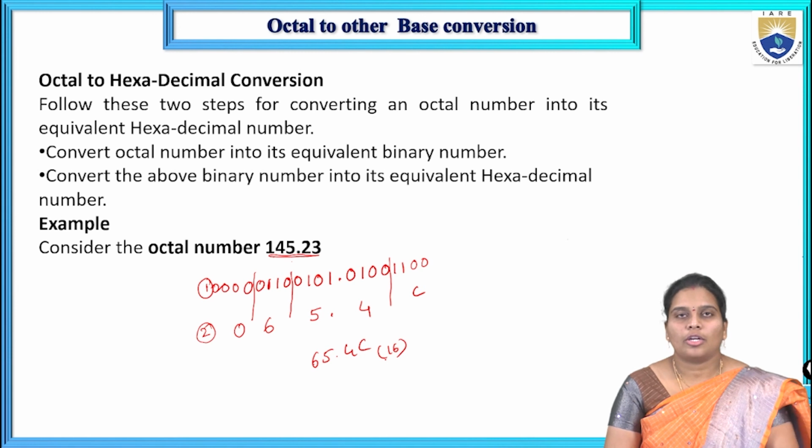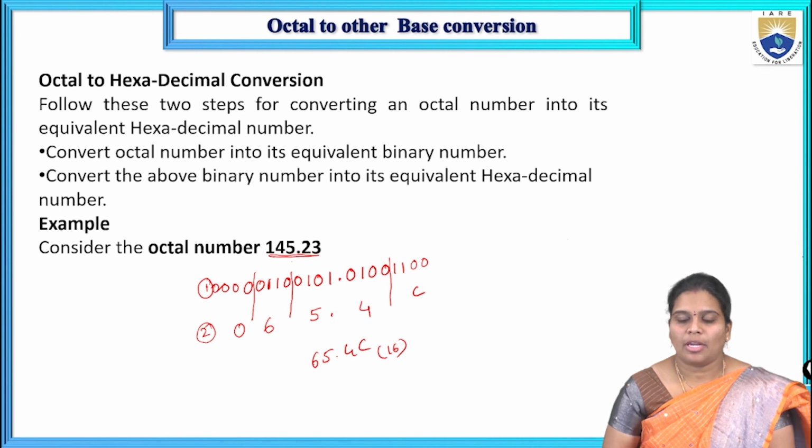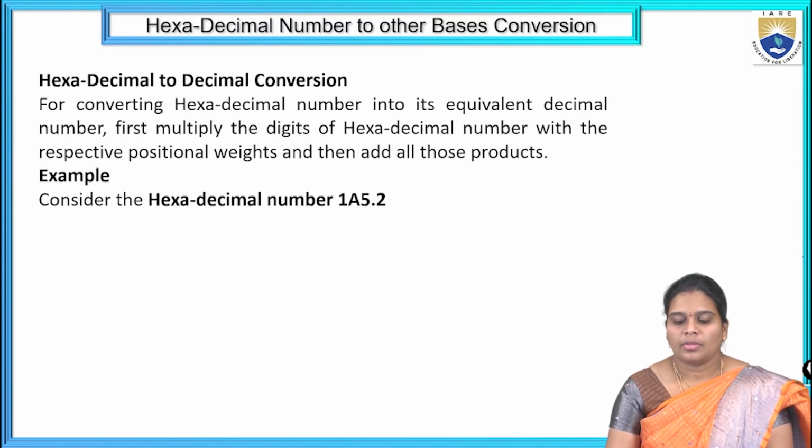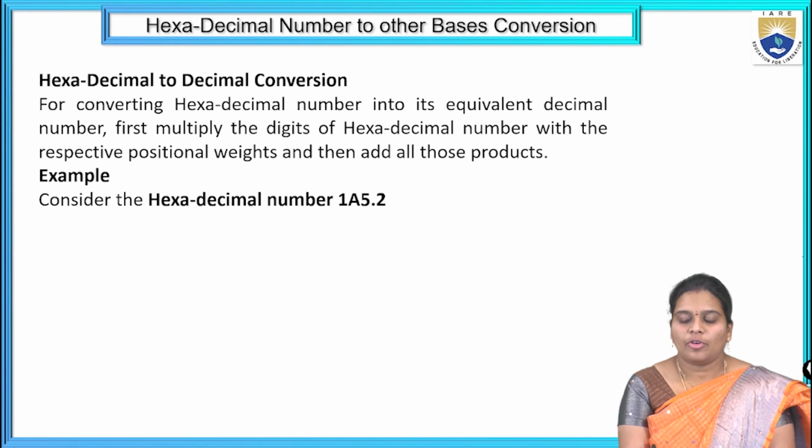So in this octal to hexadecimal conversion, first we convert the octal number system to the binary value. Again, that binary value is converted to the hexadecimal number system. Similarly, for the remaining hexadecimal number system conversions, we already know this procedure.